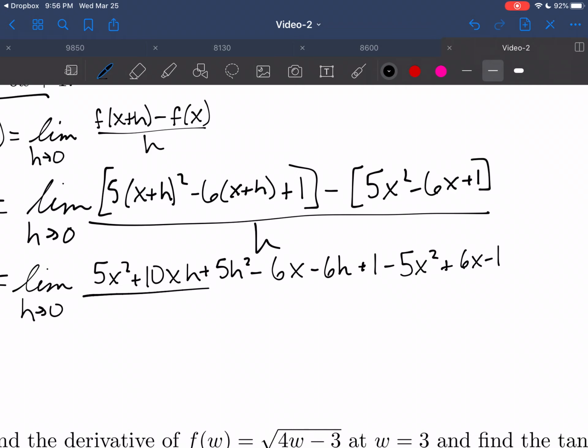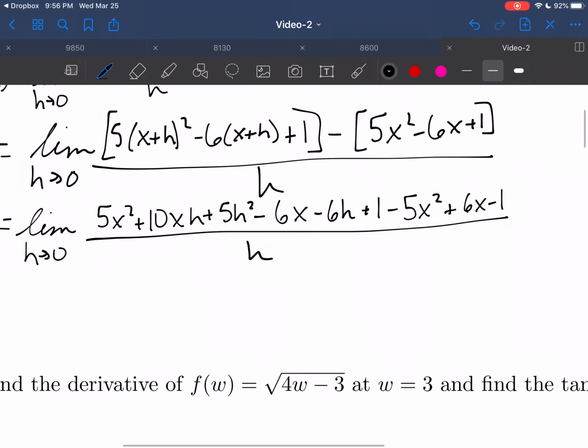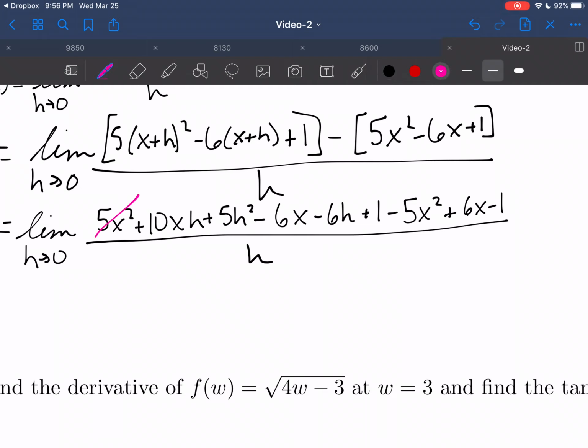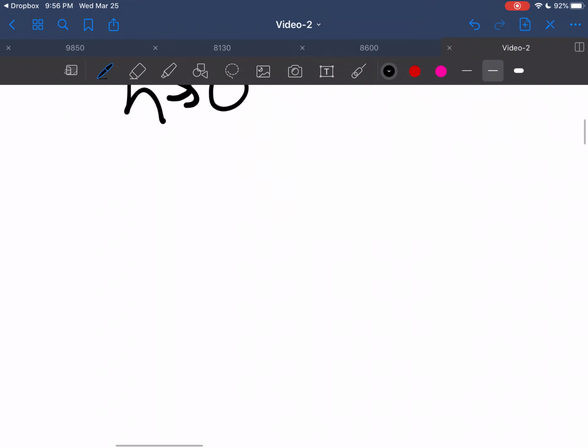And then again, still all divided by h. And then we can cancel our terms. Everything in the numerator that doesn't have an h in it should cancel.